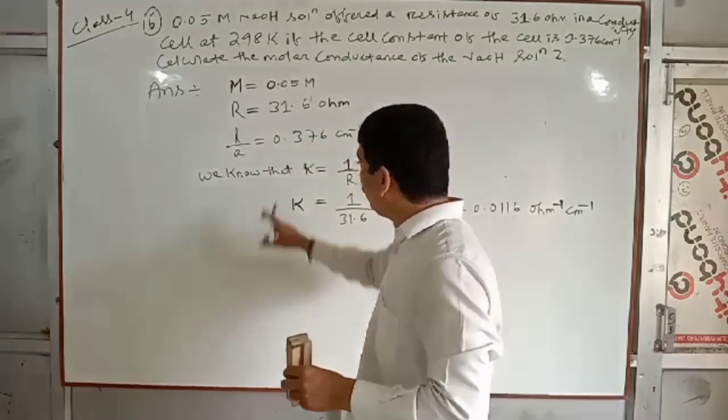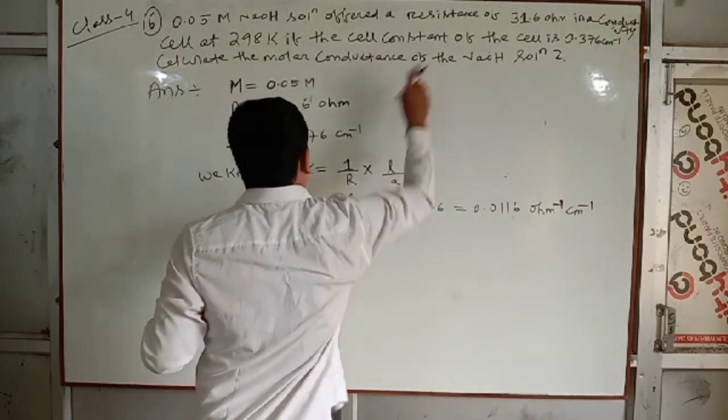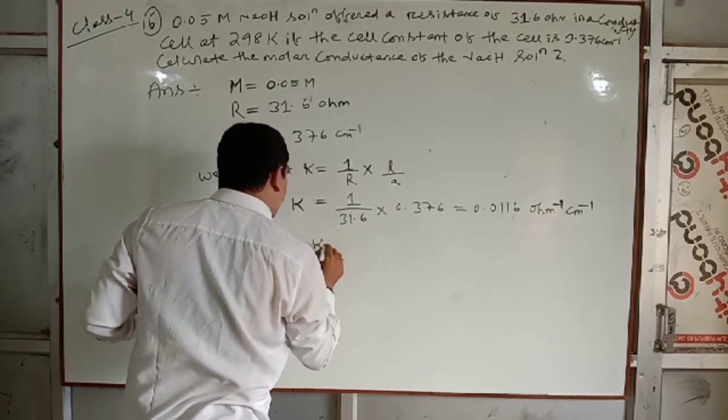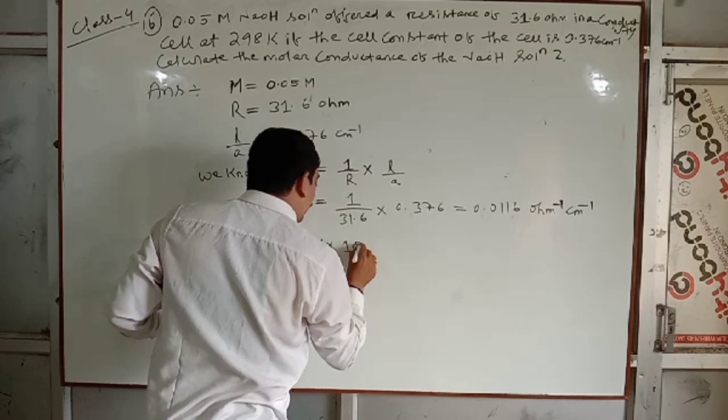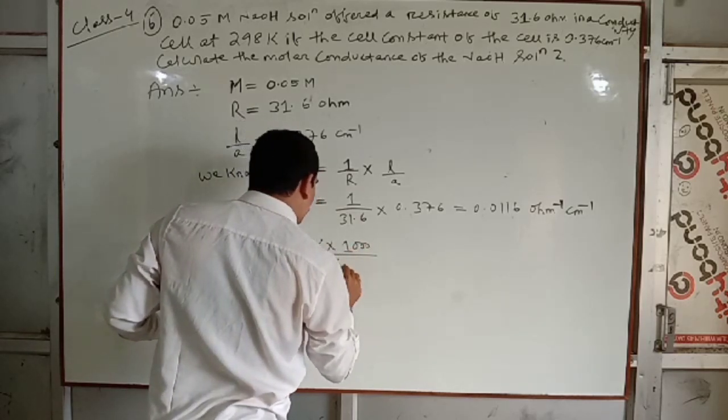This is kappa. Next, what is asked? Calculate the molar conductance of the NaOH. We know that molar conductance equal to kappa into 1000 by molarity.